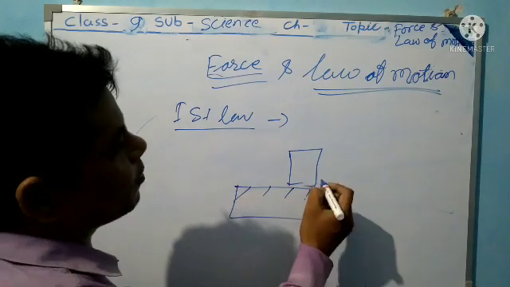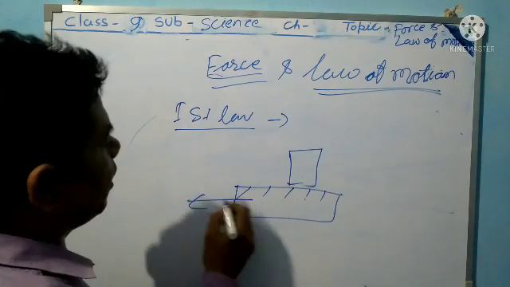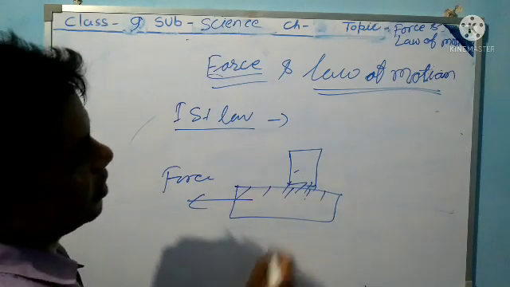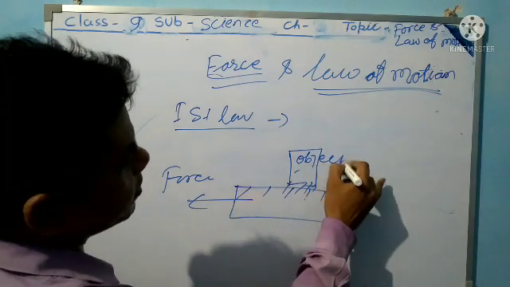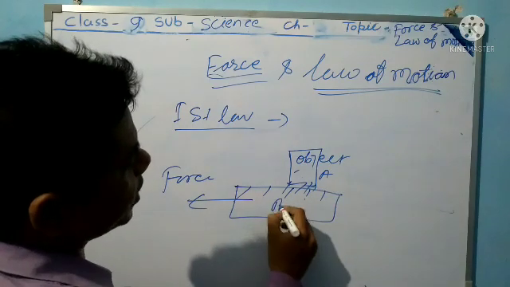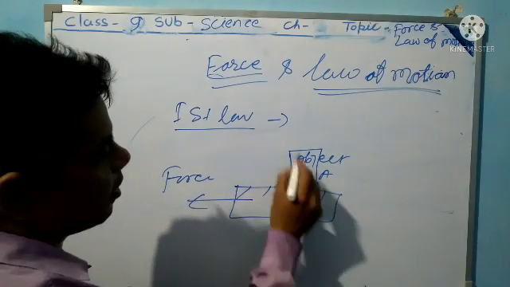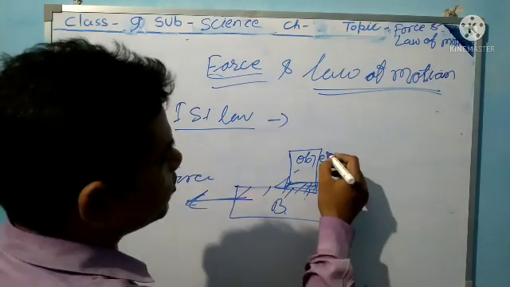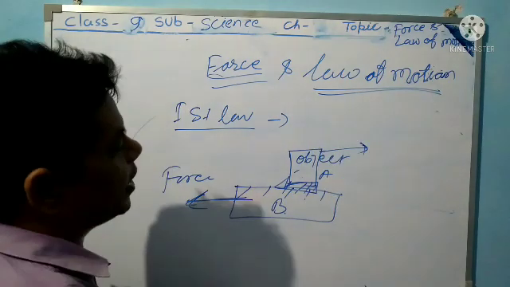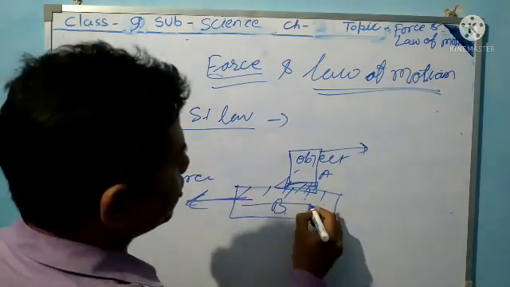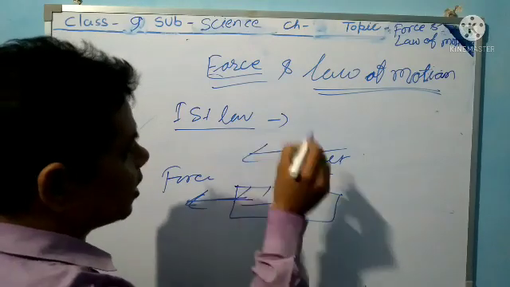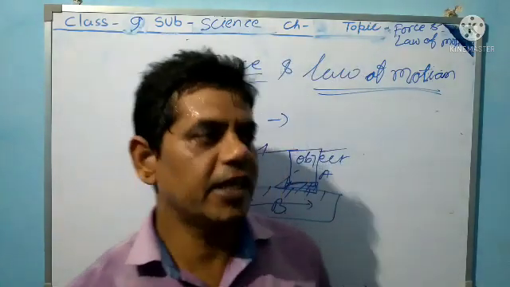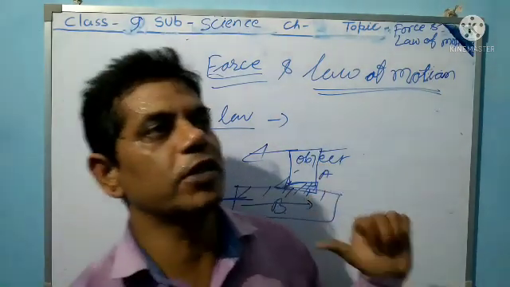If you are sitting on a bus, when the bus applies a force, the object in contact with it, object A and object B, are combined. If a force is applied suddenly, a reverse force acts on the object. When the bus stops, the object experiences the opposite force. That is called the inertia force.